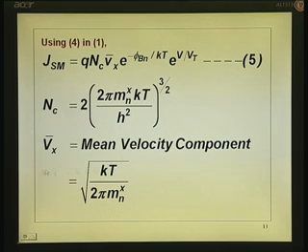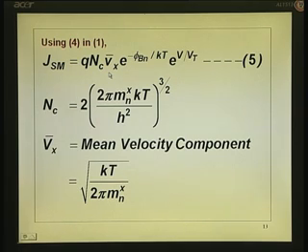v of x is the mean velocity component from the statistics of an assembly of particles, and from energy considerations people have arrived at the mean velocity component in that direction as proportional to root kT. Okay. So, that is the quantity. I substitute this quantity and this quantity into these two.